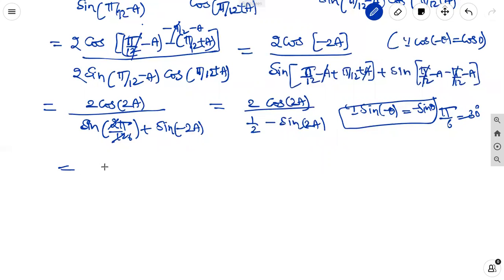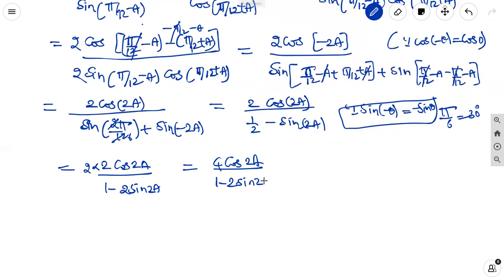Again taking the denominator LCM, that is 2 cos 2A by 1 minus 2 sine 2A. The 2 in the denominator comes to the numerator. It is equal to 4 cos 2A by 1 minus 2 sine 2A.